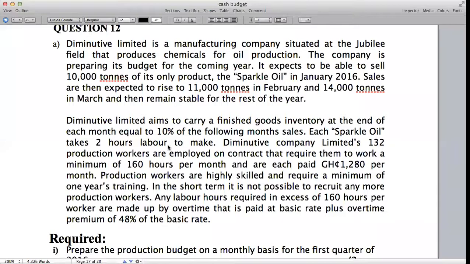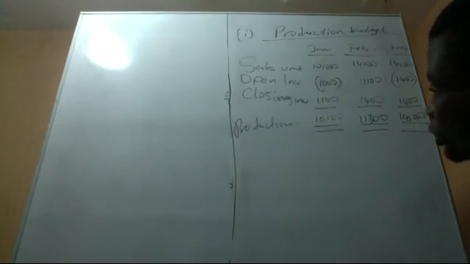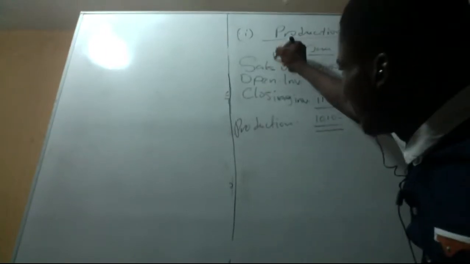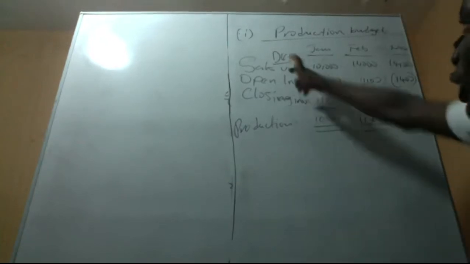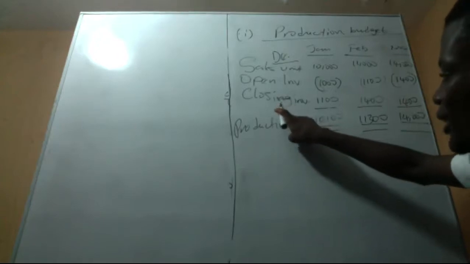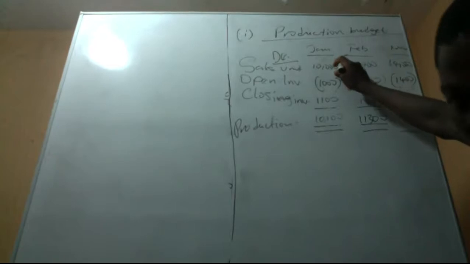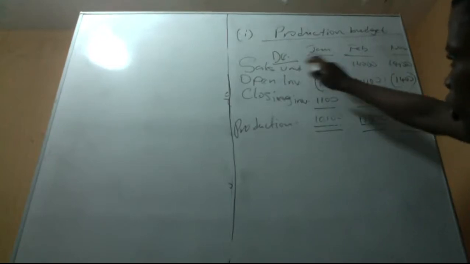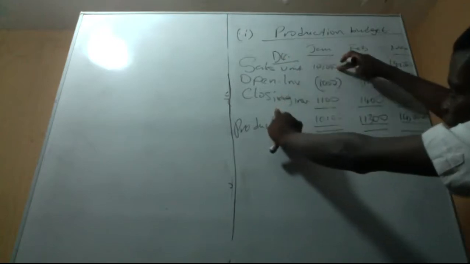So that's why when I started the game, I wrote December here. If I'm looking for December's closing inventory, then it should be 10% of January sales.